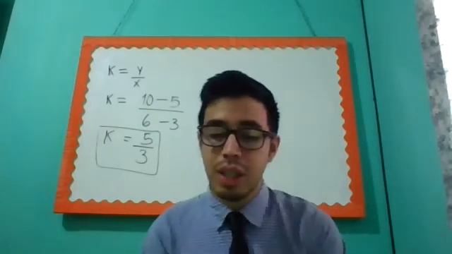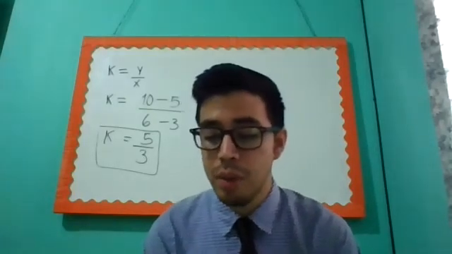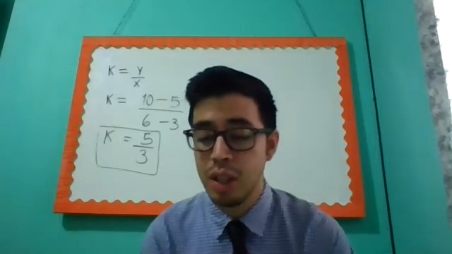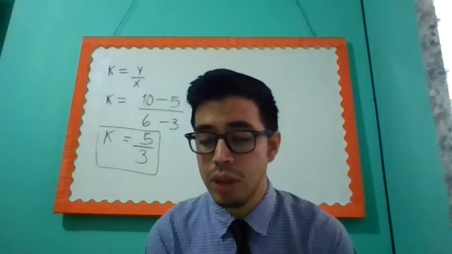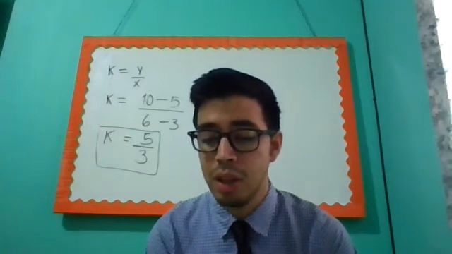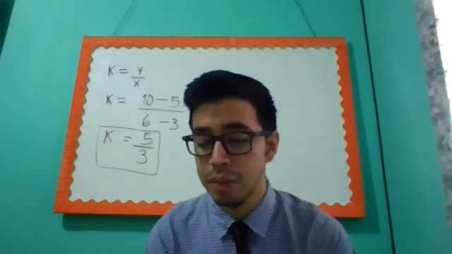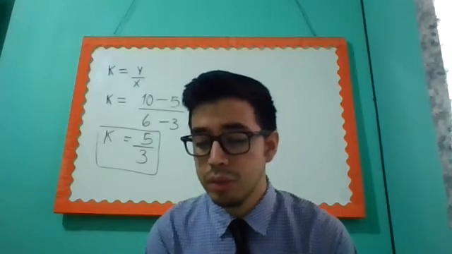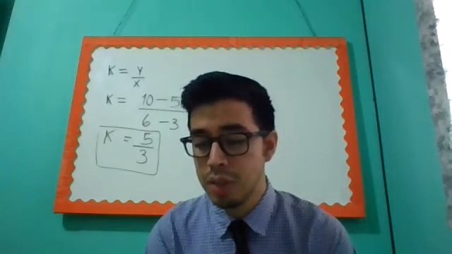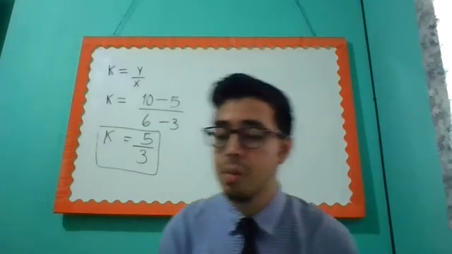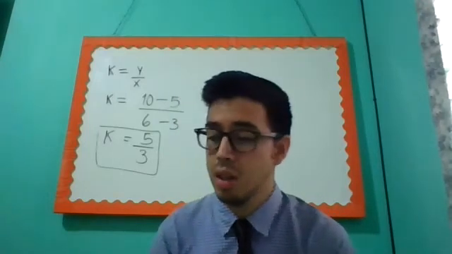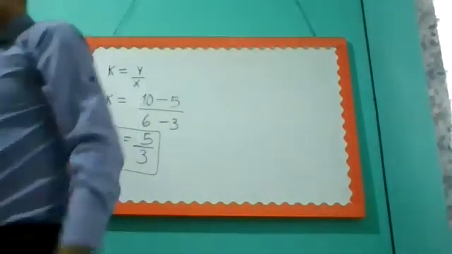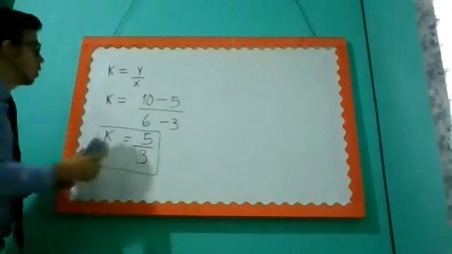For example, number 6: the graph shows the number of soda bottles a machine can make over time. Use the 2 points shown to find the number of soda bottles the machine can make per minute. How can we know this, guys? We already have the 2 points, so I'm going to do the same as in this example. Okay, so we have the 2 points.